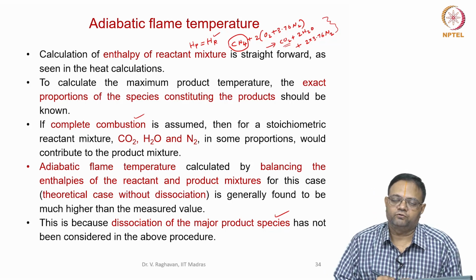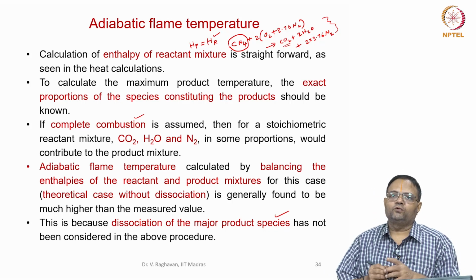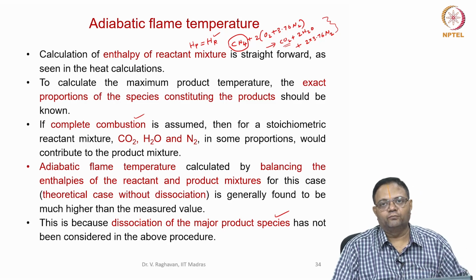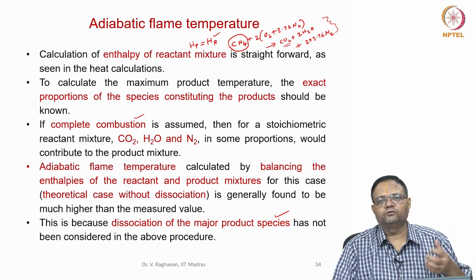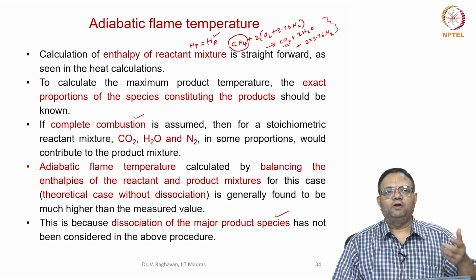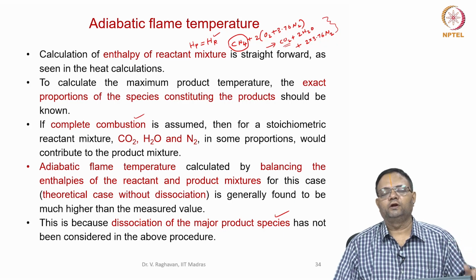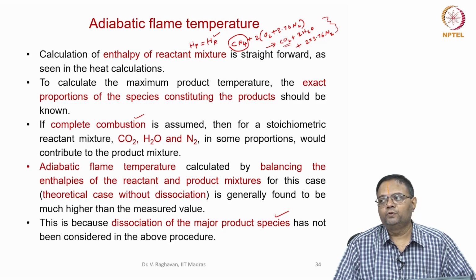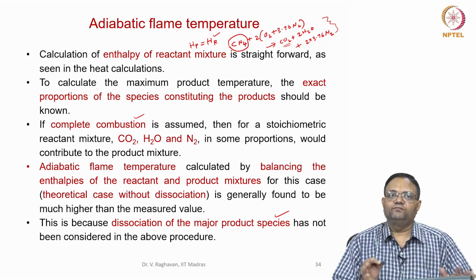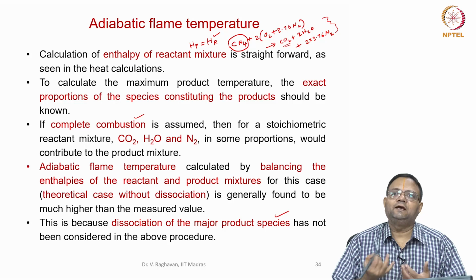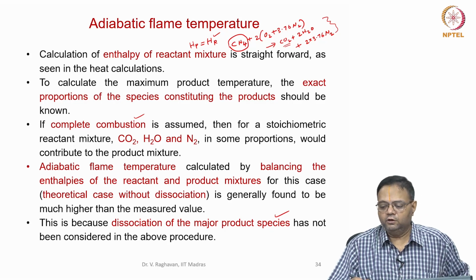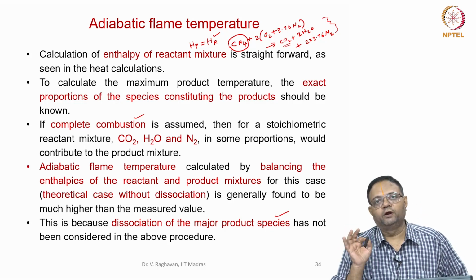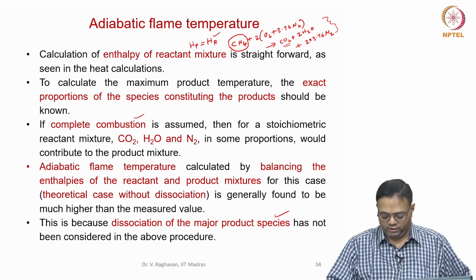When you have extra oxygen you have to supply extra air, so extra nitrogen also comes in. So the nitrogen and the extra oxygen will take out some heat, and the flame temperature will be less than, say, 1800 Kelvin. In such cases, dissociation need not be considered. But in cases where the temperature can exceed 2000 Kelvin, CO2 will definitely dissociate, so dissociation has to be considered.